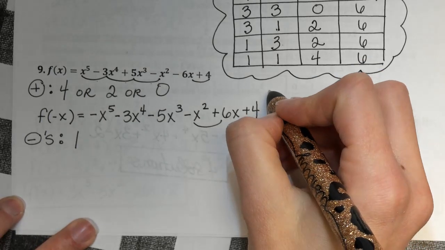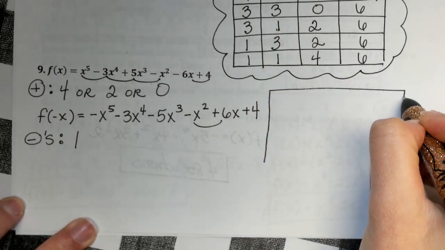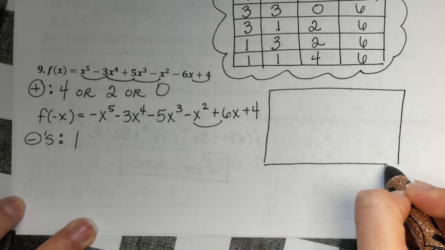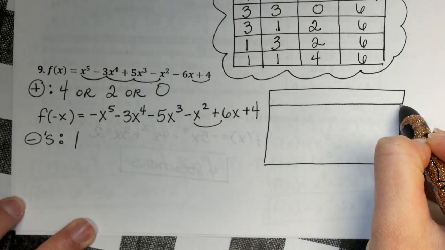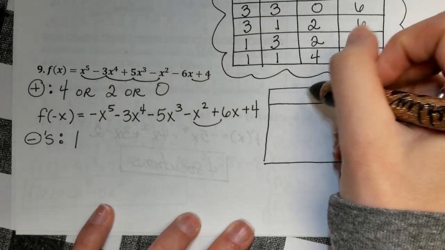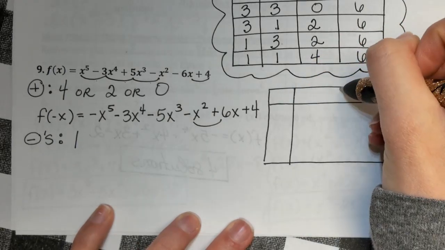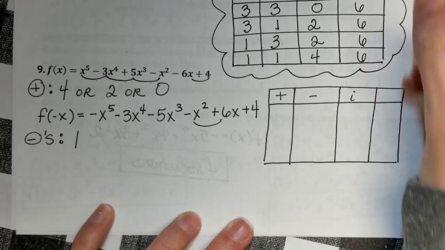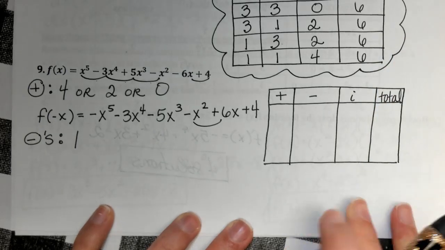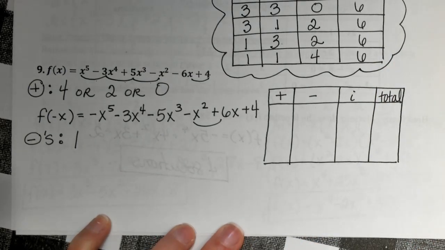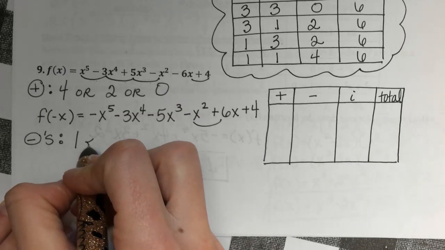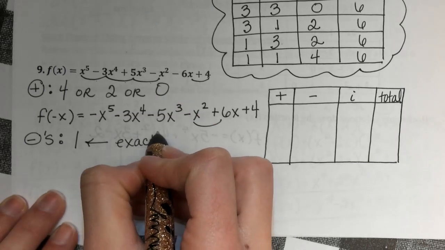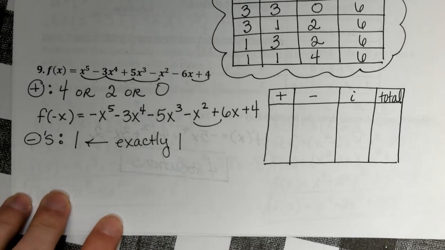So I'm going to build my table. If you need a ruler to build the table, go for it. How many rows do I need? Well, I only have exactly 1. 3 times 1 is going to give me 3.